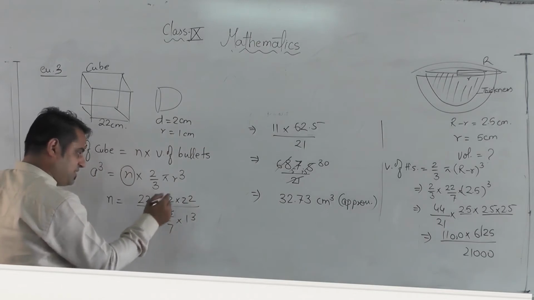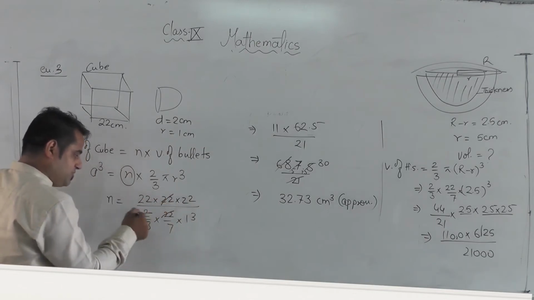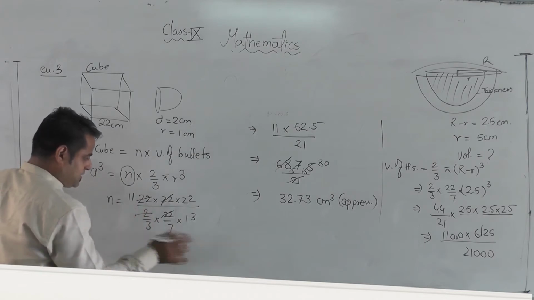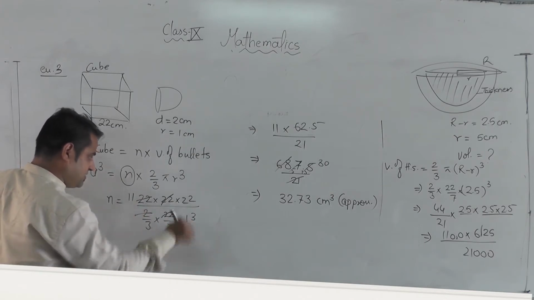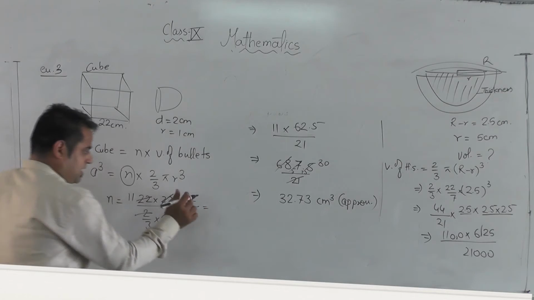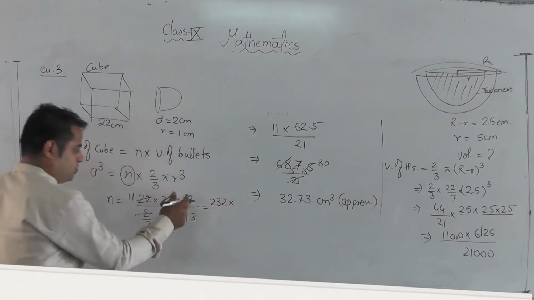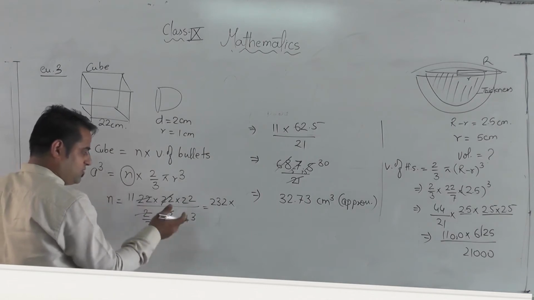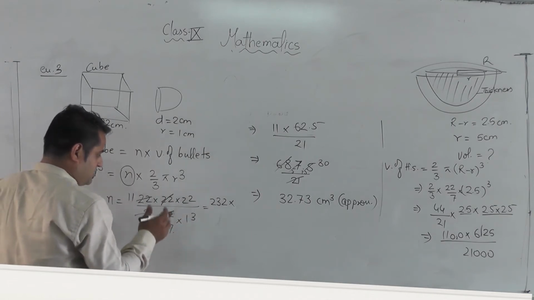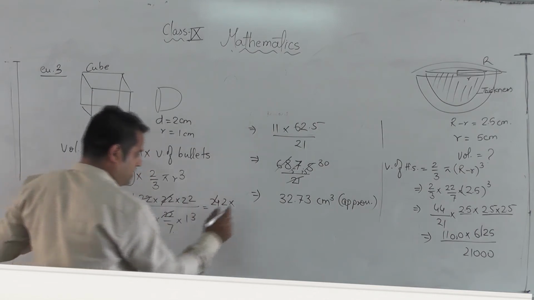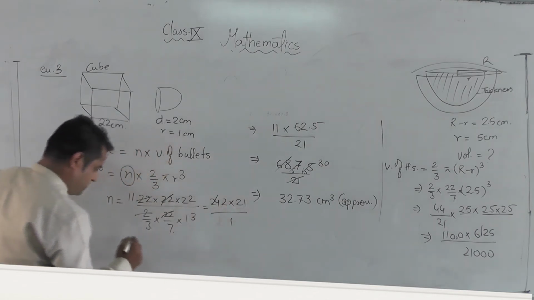We can cancel this 22 by this 22. From this 2 we can cancel this 11 times. Nothing else. 1 cube will become 1 cube and the 7 plus 21 will go up. 11 into 22 will be 242. 22 ones are 22 and 22 ones are 22 and 2. So 242 will become, sorry, and 21 comes up and the denominator is 1.